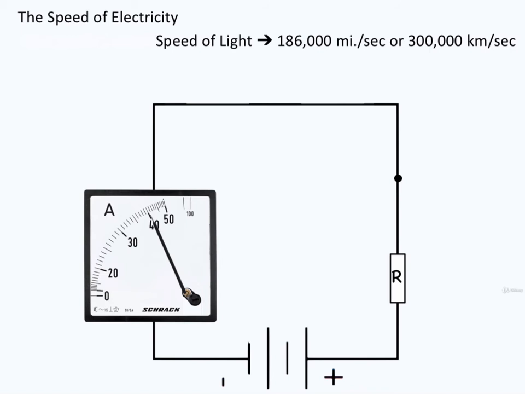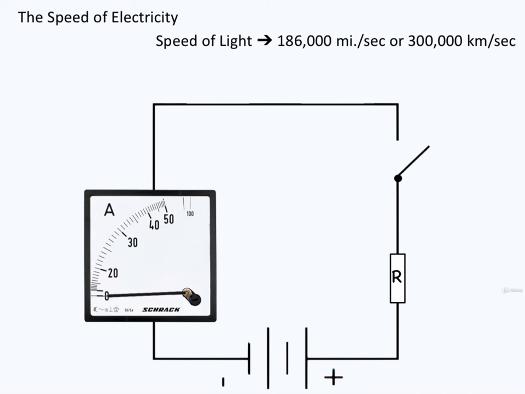It depends on a lot of parameters such as the wire size and the length of the wire and the battery voltage and the temperature, and a lot of things depend on exactly how fast the speed of electricity is. However, it is always very close to the speed of light, which is 186,000 miles per second.